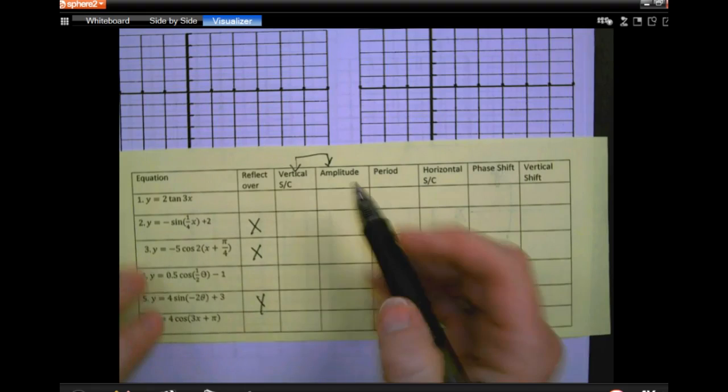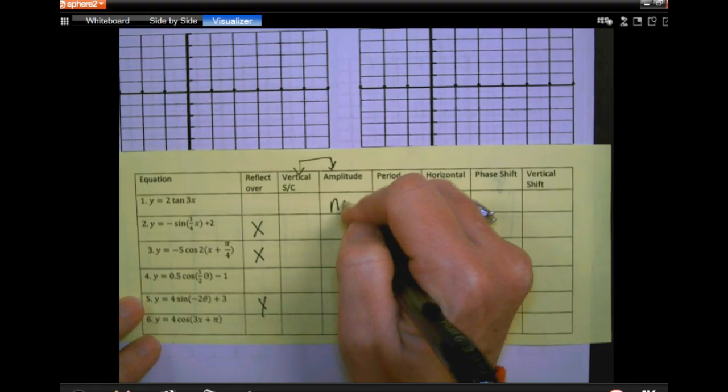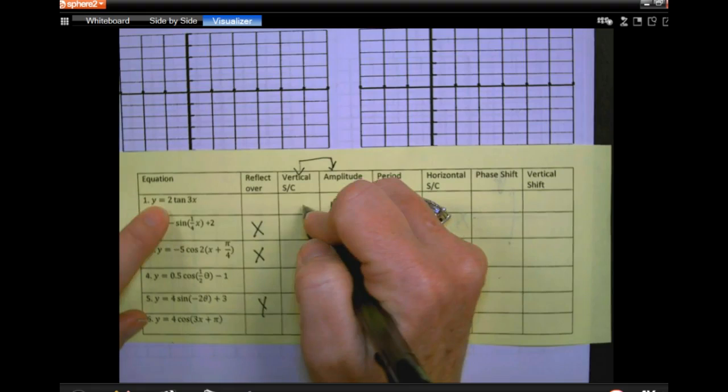All right. The vertical stretch and compression and the amplitude. They're always the same except for which function? Tangent. Because the tangent has no amplitude. But it does have a vertical stretch of 2. Okay.